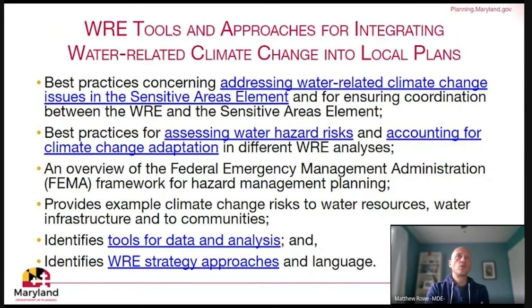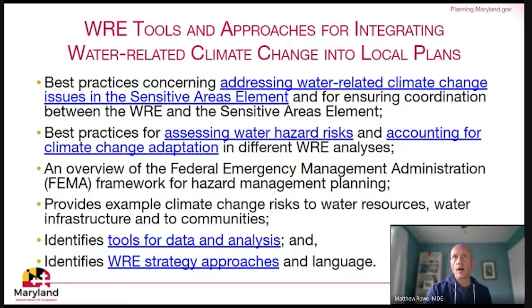And then there's other tools we provide, and again, they're hyperlinked in here in the guidance. Really, the goal is, like Jason said earlier, to make it web-based and give you access to these tools. So hopefully it's helpful. But we have best practices in there for using the sensitive areas element too, in conjunction with the water resources element, to ensure coordination between the two.